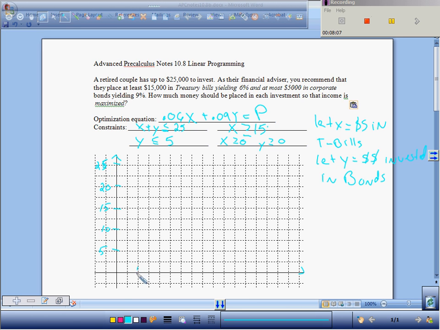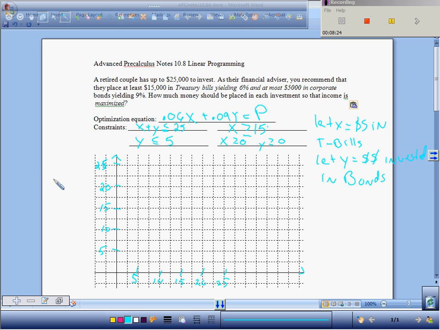And we could do the same thing down here. That's a good scale. 5, 10, 15, 20, and 25. And then I graph these equations.